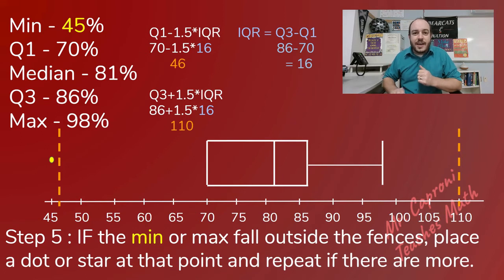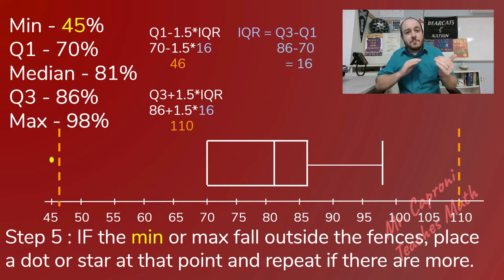Well, if they're not within, I went ahead and changed the data so that my new minimum was 45. If that's the case, then you go ahead and place a dot outside the fence. Now, sometimes people use an asterisk or a star instead, but either way, you somehow visually represent that point outside of the fence, but you do not draw it as a line and connect it.